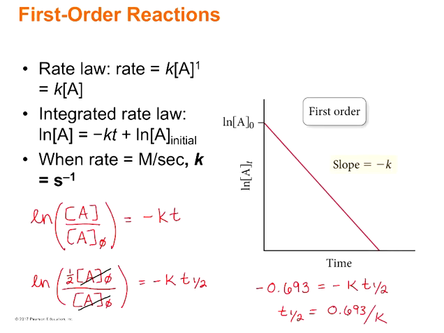But for a first-order reaction, it's constant. So T 1/2 does depend on the rate constant, but it does not depend on the initial concentration of A. So that makes it kind of unique in that sense.